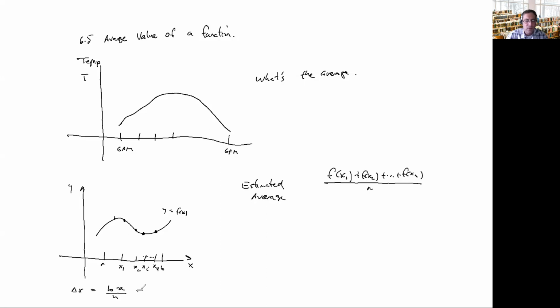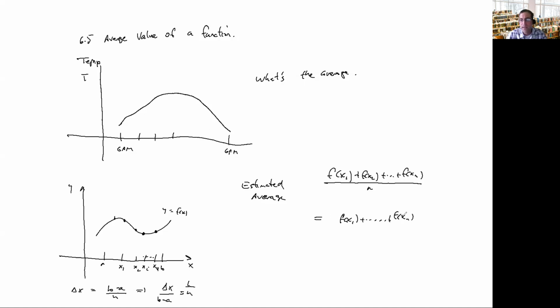So in other words, delta x over b minus a is equal to 1 over n. So this estimated average is given by f of x1 plus all the way up to f of xn, times 1 over n.